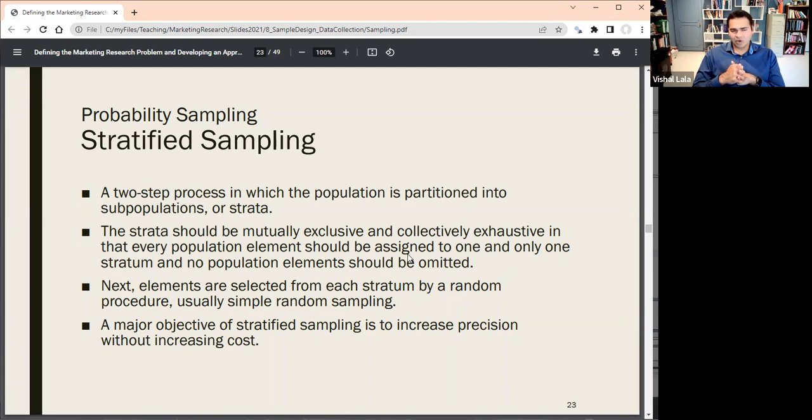Like if you were flipping a coin, infinite number of times, you'd get half heads and half tails. However, if you flip a fair coin 10 times, you could end up with 3 heads and 7 tails, or even 2 heads and 8 tails. So one wants to be sure that if a certain variable is of interest, the sample is proportional to the population, then one could make strata and separately sample from individual strata.